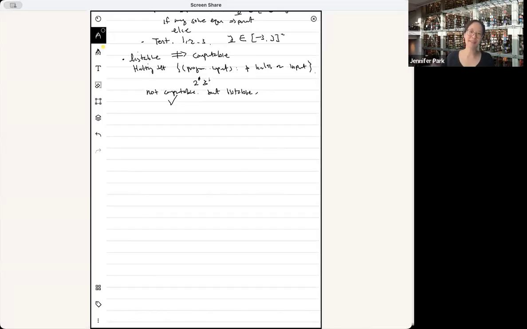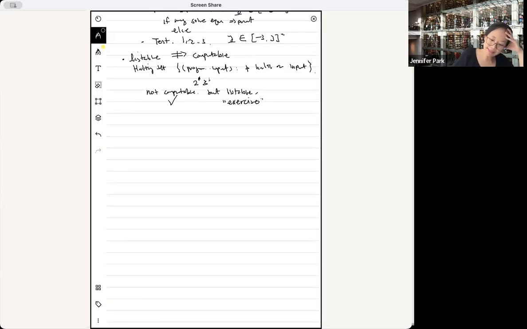If it doesn't stop in, say, 10 steps, then put it aside for now and come back to it. Next time I will try 20 different programs, but for 20 steps, and so on. Some kind of diagonalization argument will tell you that it is actually listable. This is an exercise, but you just have to use a very similar idea as this thing here.